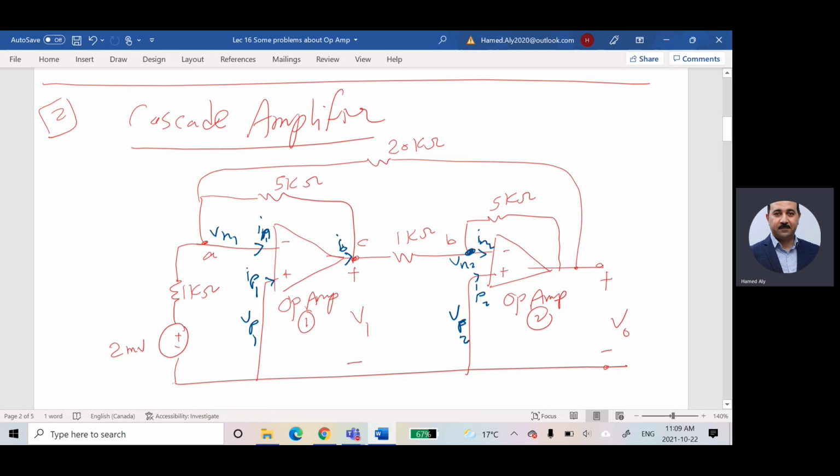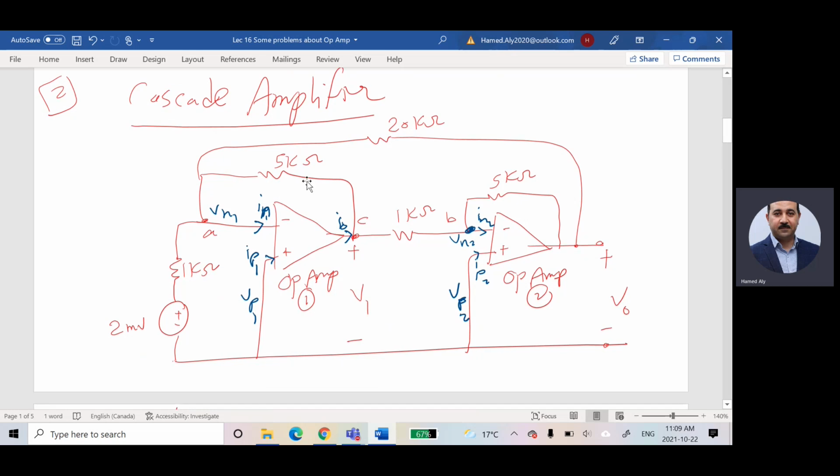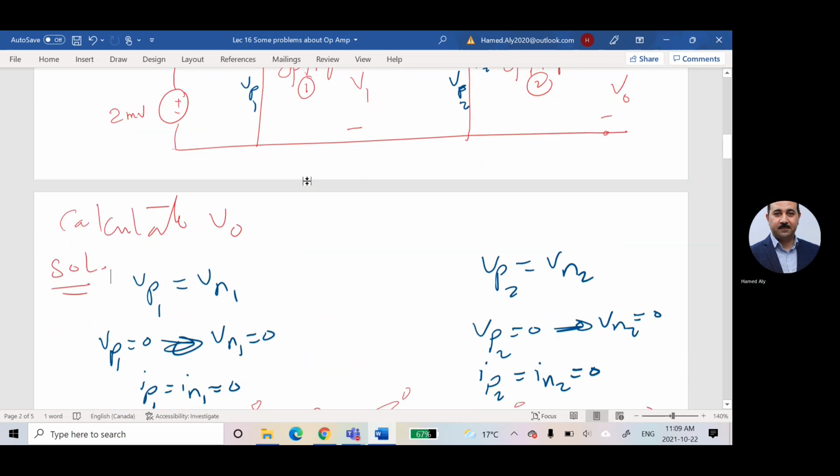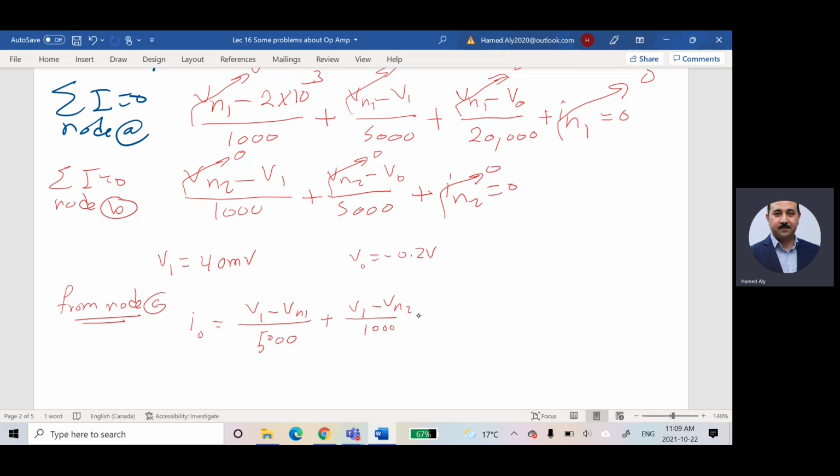Is it 1 kilo? Yes. So I have 1 kilo and 5 kilo. You told me that this guy is 0 and this guy is 0. I can substitute by V1. You will find that IO is equal to 48 microampere. This is if you would like to calculate IO, and this is what he asked me about.